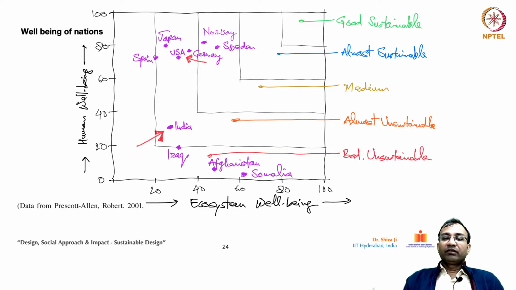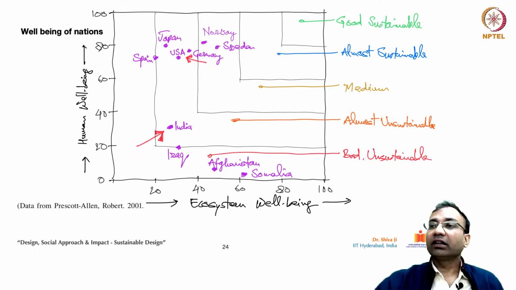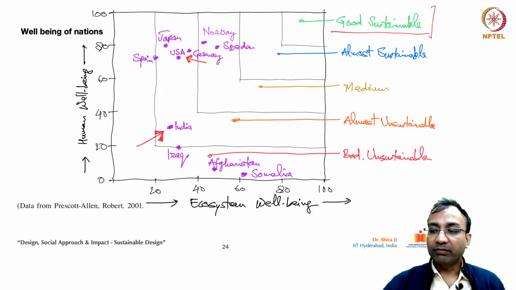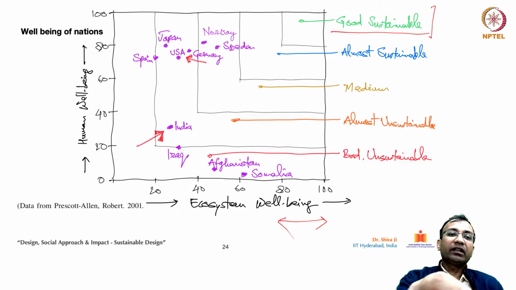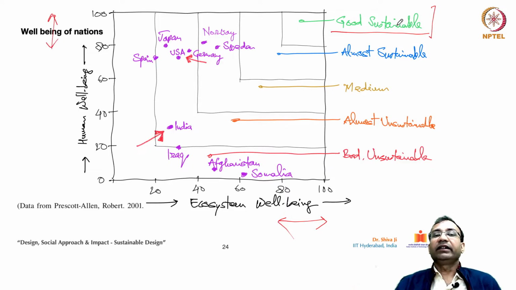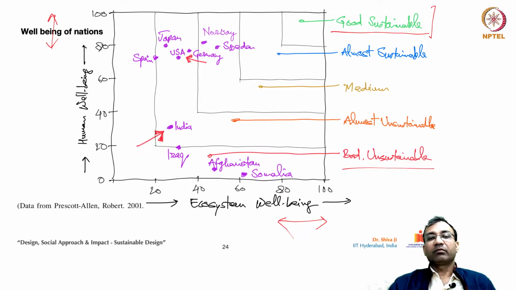And how does ecosystem well-being plotted against human well-being work? In this relationship we can see the good sustainable one is at the top, where we have a good rating of ecosystem well-being and a good rating of nations' or humans' well-being. If you start gradually coming down, it goes to the bad and unsustainable category.